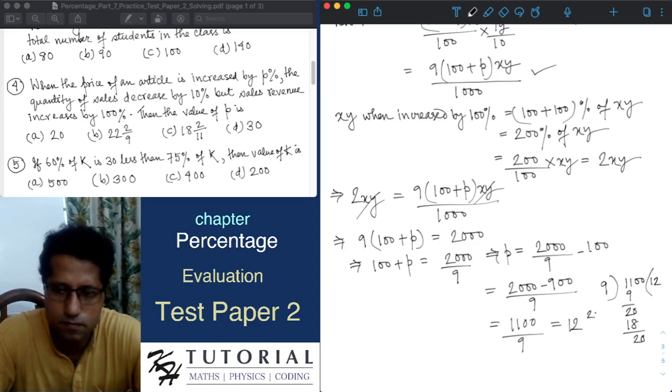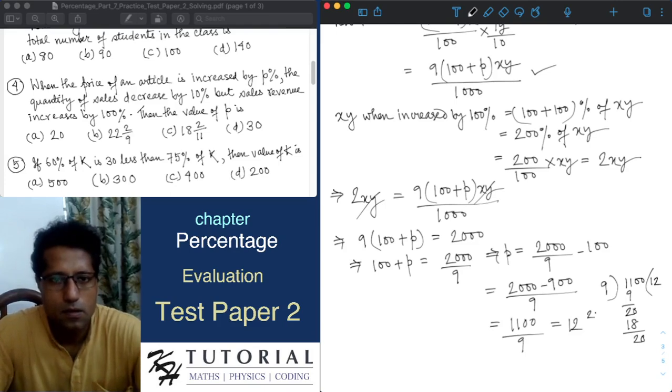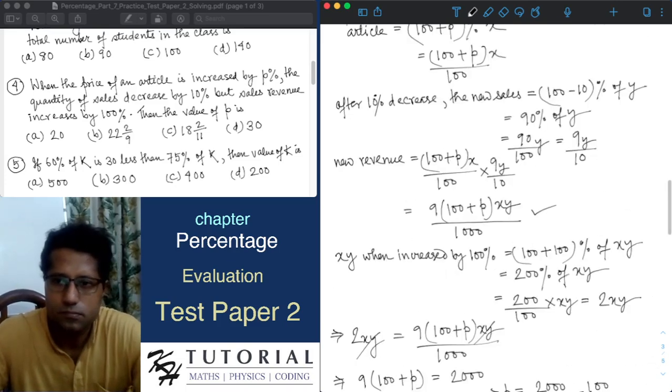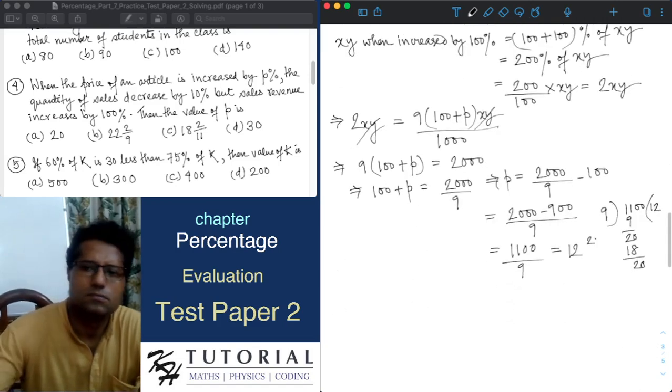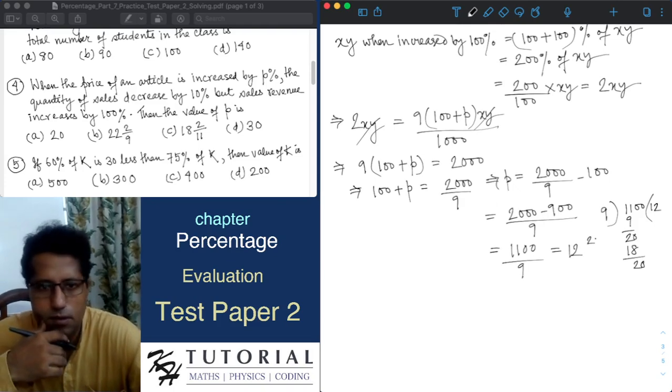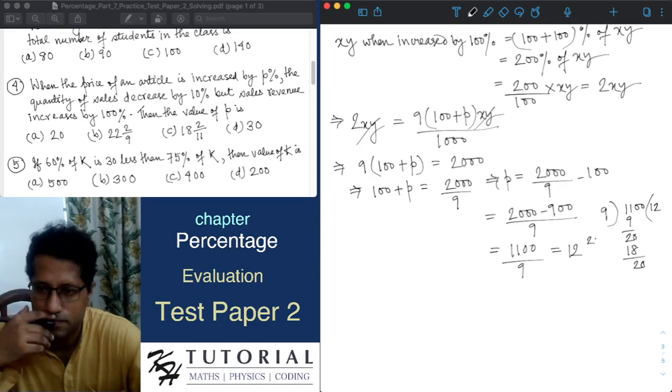The value of p is 1100 by 9, which will not match with any of the choices given. What is 1100 by 9?